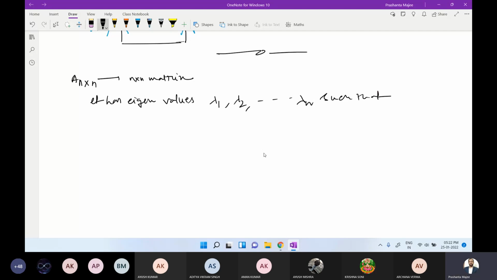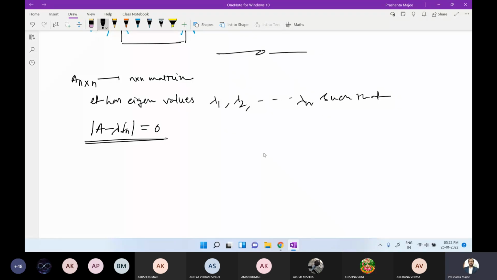To find the eigenvalues, this is the equation you have to solve: determinant of A minus lambda I. This will be a polynomial equation in lambda of degree n. A polynomial equation in lambda of degree n has exactly n roots, considering both real and complex roots.